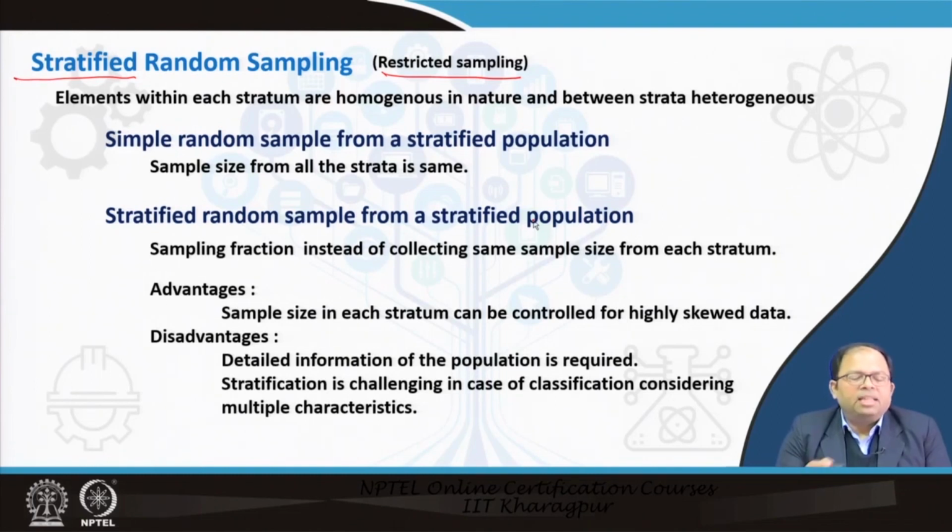And we can say that in stratified random sampling, elements within each stratum are homogeneous in nature, and between strata they are heterogeneous.